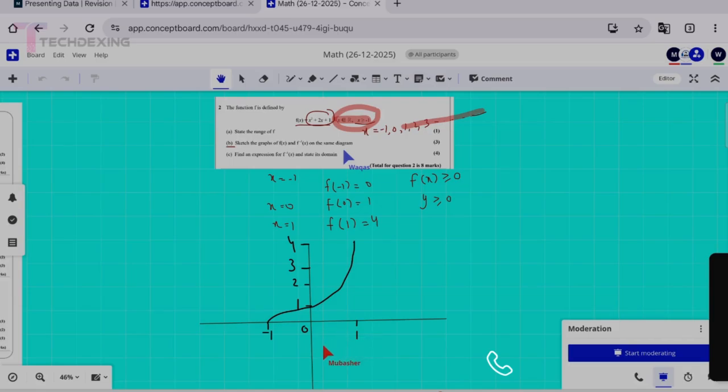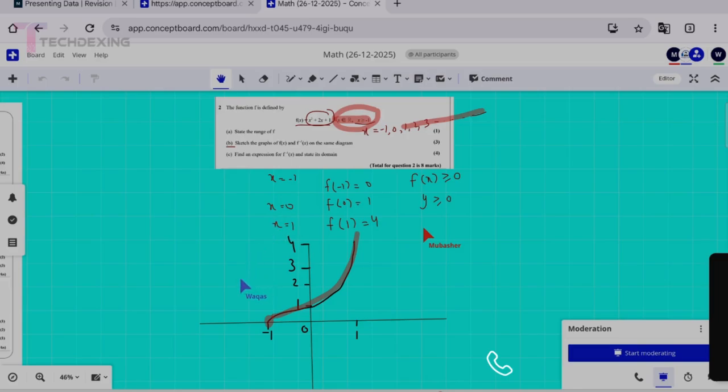Okay, and now we are going to draw the inverse of the function. Let me tell you about that. You can have a look at the function. We get the idea that its domain is x greater than negative 1, because it is going to start from there, right? And it is going on like that, right? We also get the idea that its range is greater than or equal to 0, right?